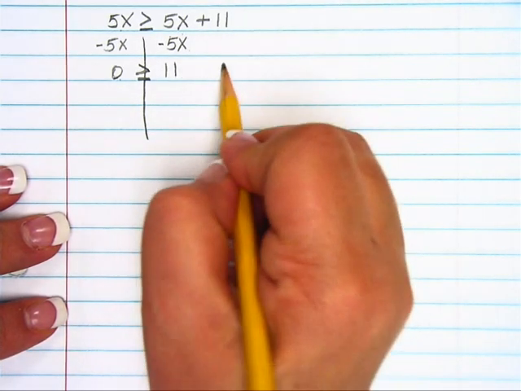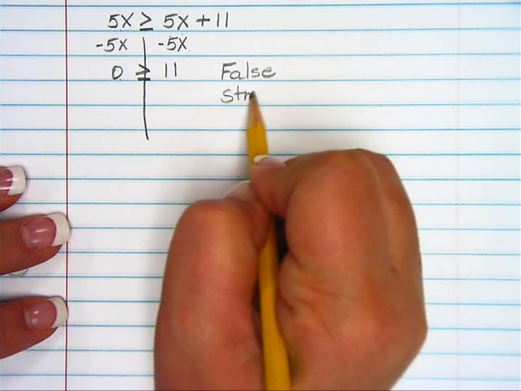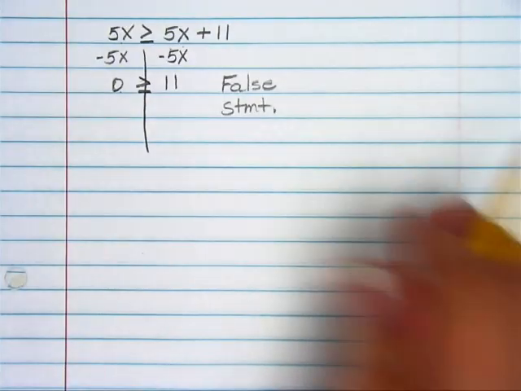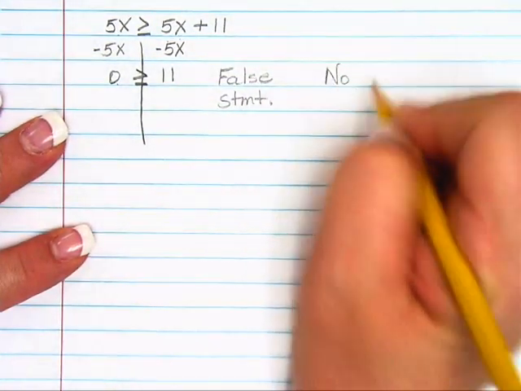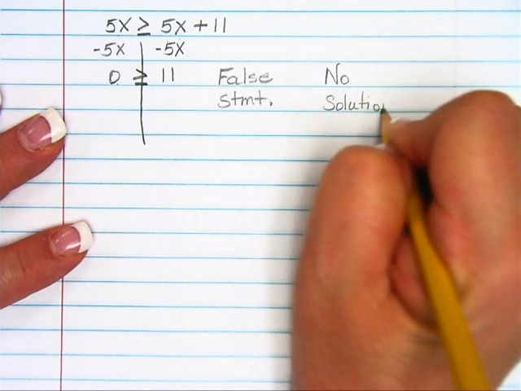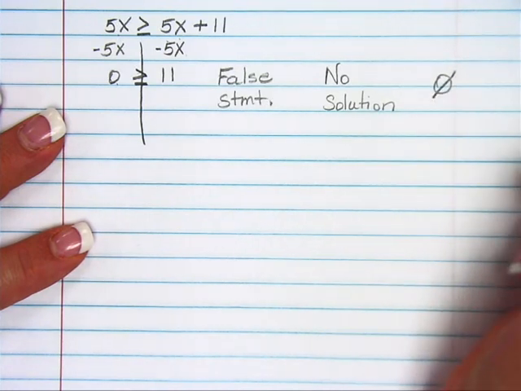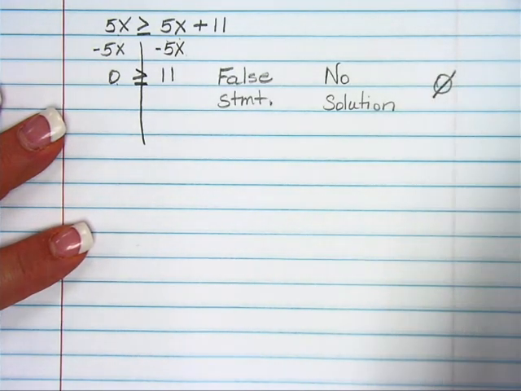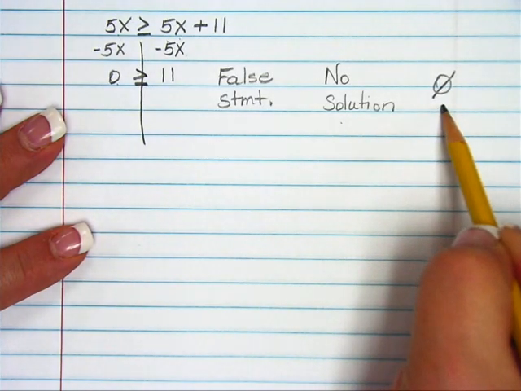No, this is a false statement. And anytime you get a false statement, then it is no solution or empty set. And we denote the empty set by taking a circle and drawing a line through it. So the answer to this that I would accept would be no solution or draw this empty set symbol.